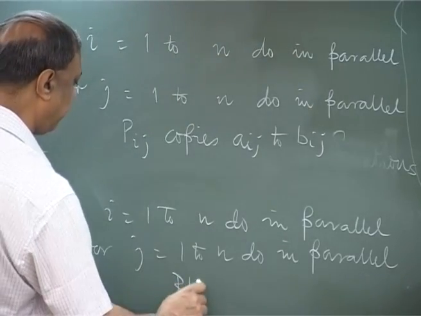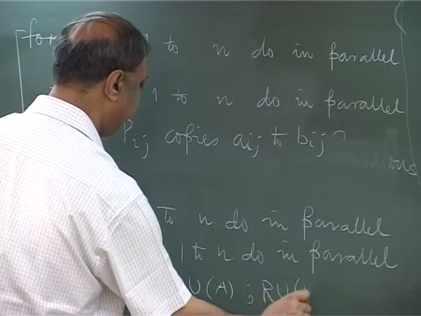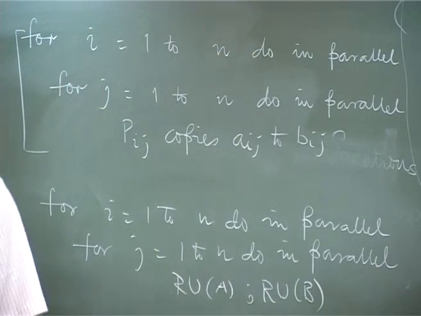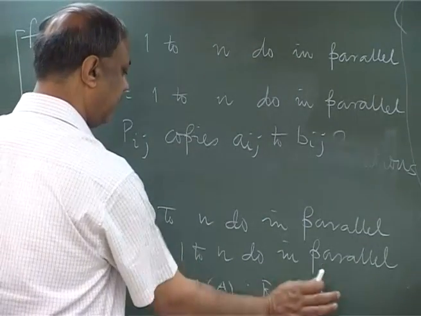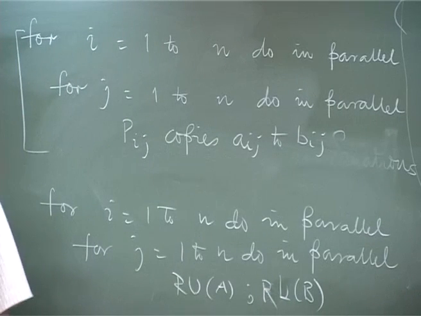You are doing rotate up A, rotate left B. See, rotate up A means Pij sends the data to Pi minus 1 j in wraparound, and similarly rotate left is Pij sends Bij to Bi j minus 1.